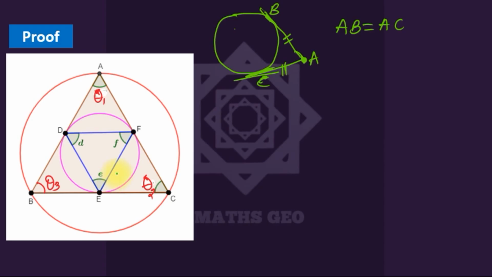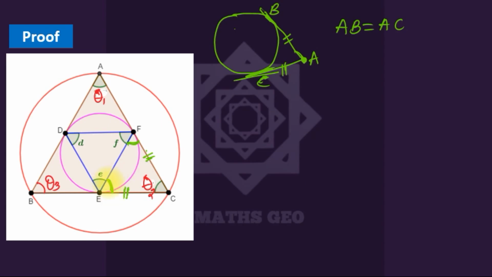So let's go to the diagram. As you can see, this length and this length are equal, so we have an isosceles triangle. Do you see it? So this angle and this angle must be the same.